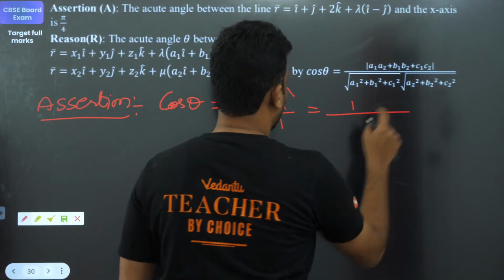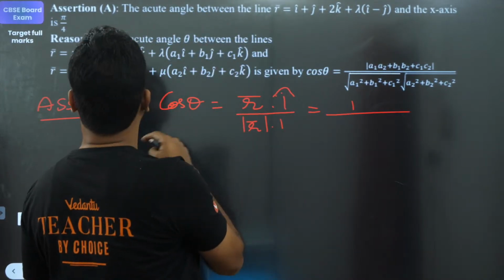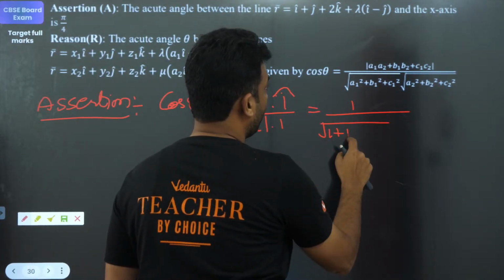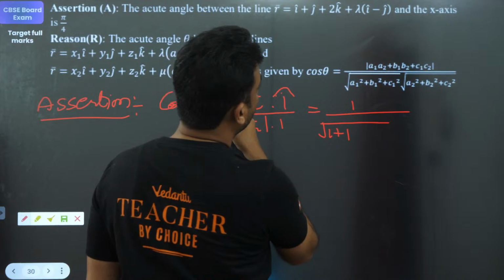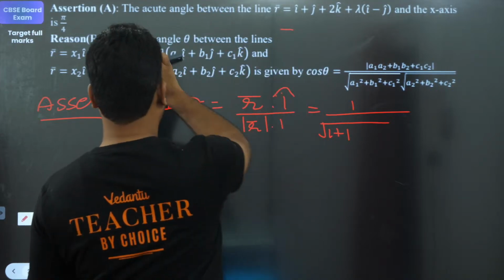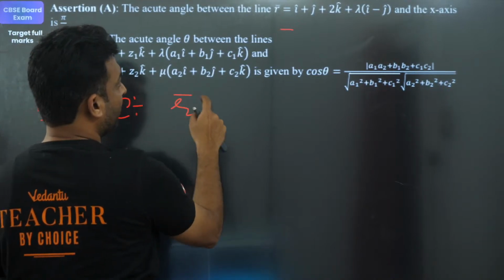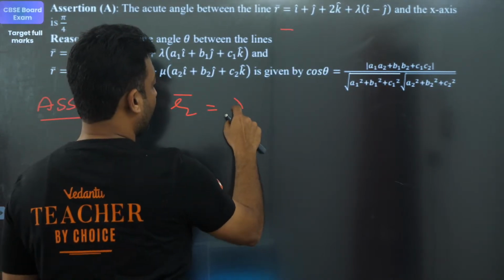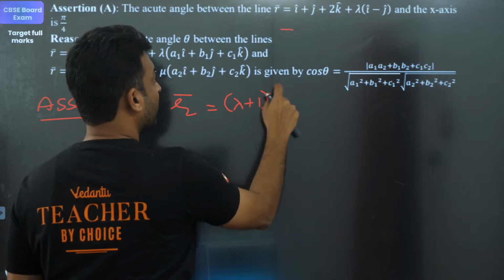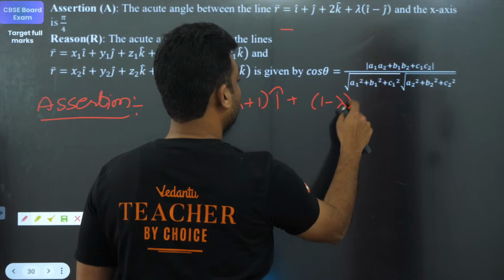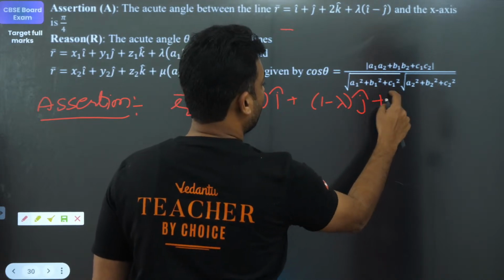1. What is mod r? Mod r is under root of 1 plus 1. Sorry, first we have to simplify r. R is lambda plus 1 into i cap plus 1 minus lambda into j cap plus 2 k cap.